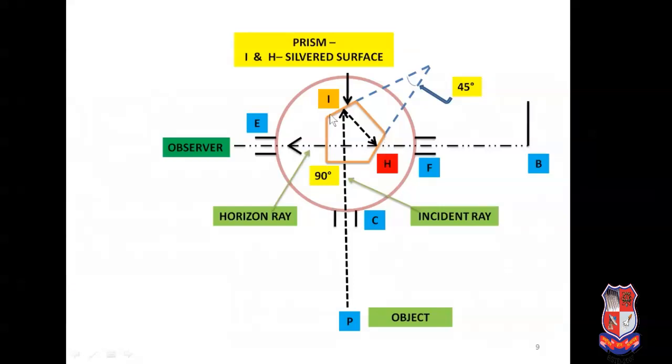This is the prism here, and in the prism this is the I surface and this is the H surface. Both these surfaces are silver surfaces, reflecting surfaces.